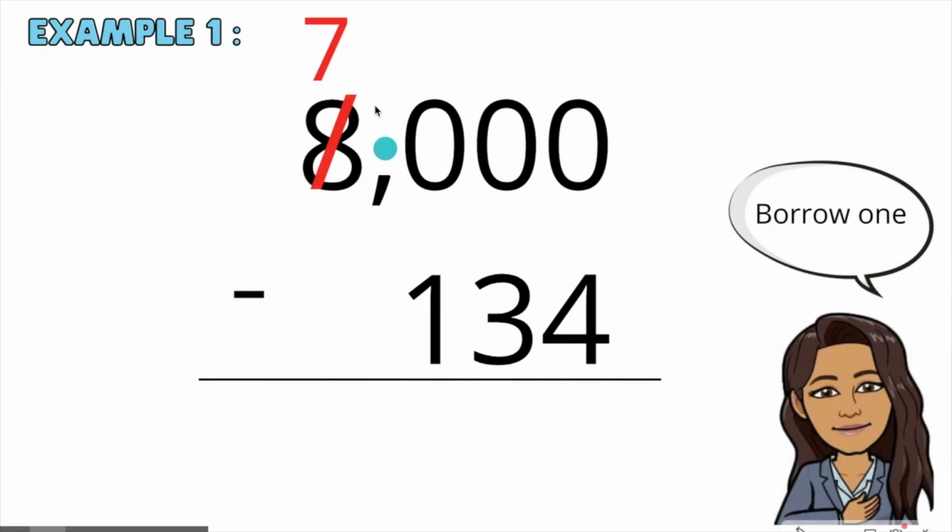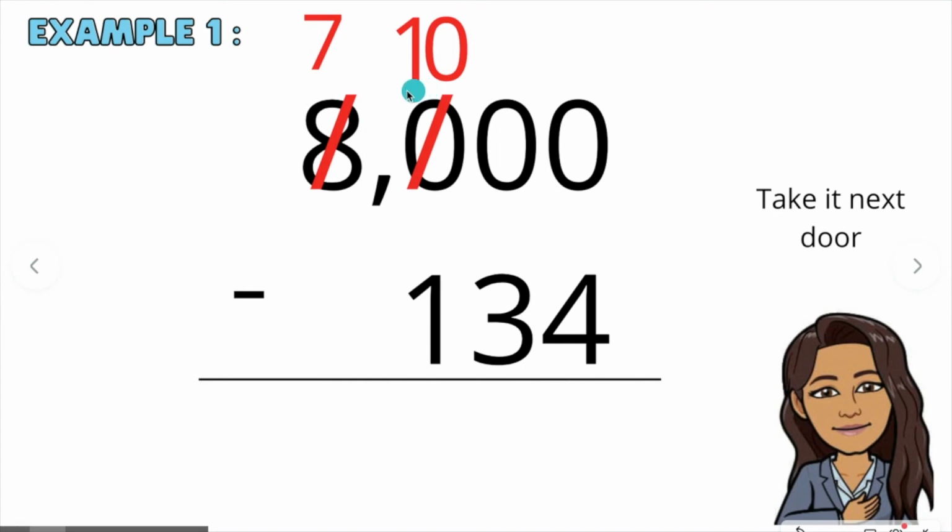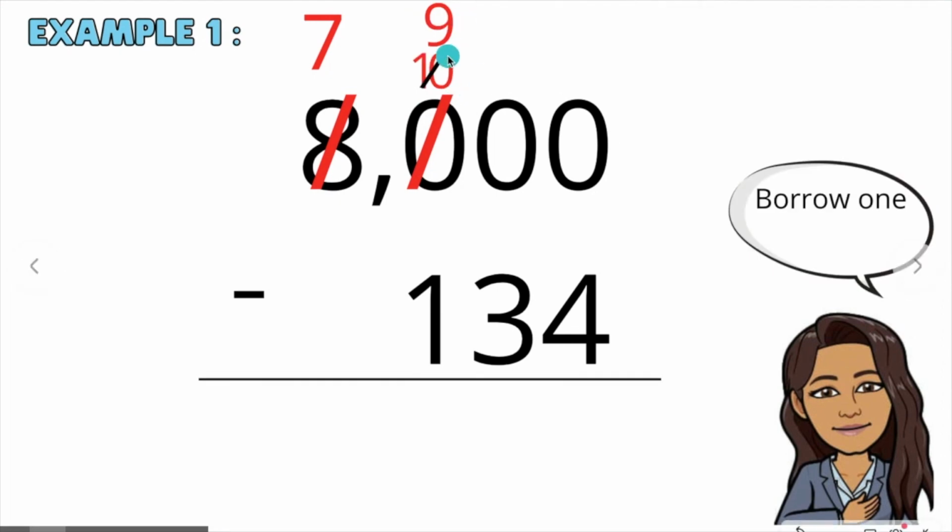So we're going to borrow 1. So we cross it out, make it a 7. And that is what we're borrowing. But now we need to take it next door. So now this 0 becomes a 10. Next, we borrow 1 and take it next door.